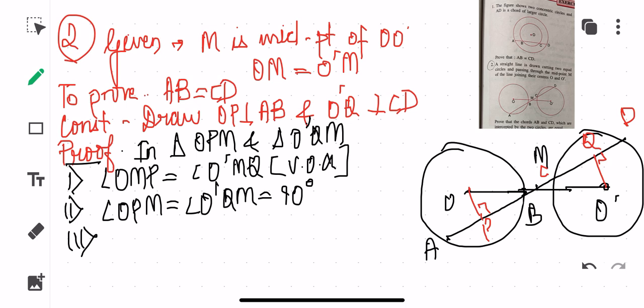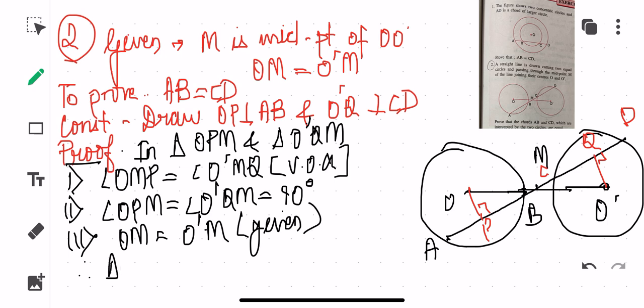That OM is equal to O dash M. Sorry, children, O dash M only. This is given. So three things you have found out.